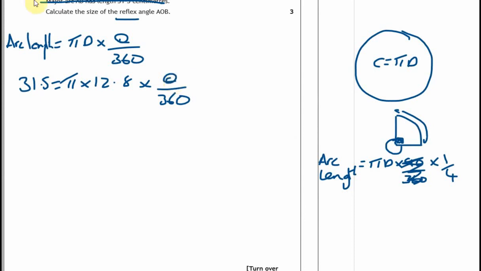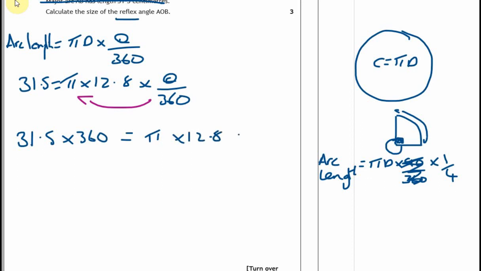So how do we move 360 to the other side? Well, we're dividing by it on this side, so we're going to times it on the other side. So 31.5 times 360 is going to give us pi times 12.8 times theta. Then we want to move the pi and the 12.8. On the right side, we're timesing theta by those two, so on the left side we'll divide by them.